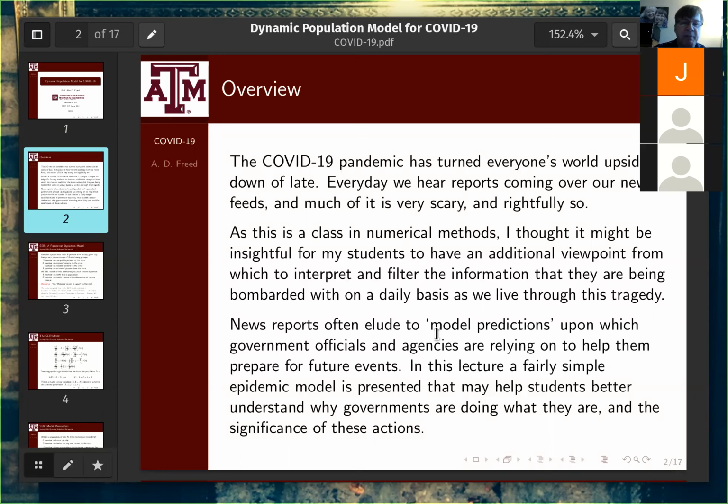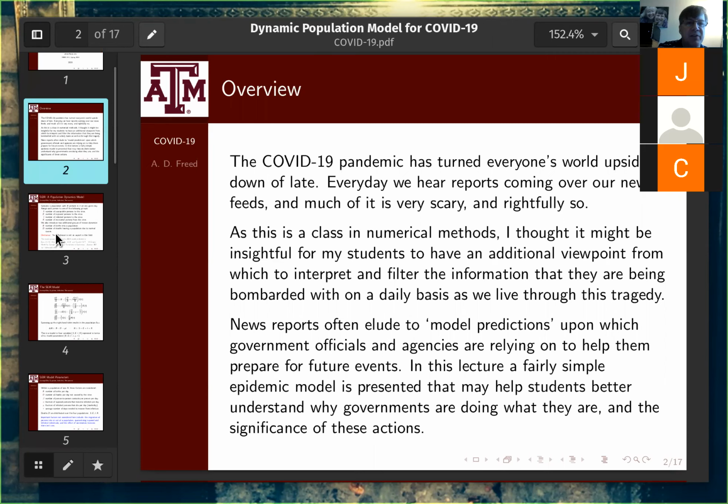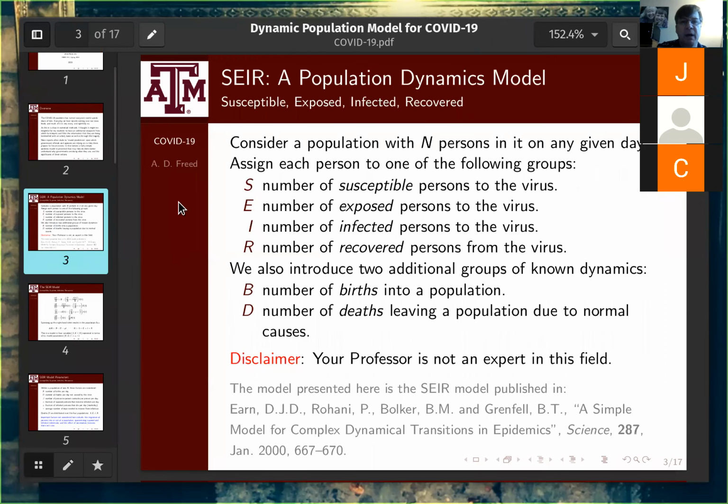This stemmed from last week and the week before, when they kept talking about model predictions, and those model predictions were what the government officials were using to argue that they needed to do the things they were doing. So I thought maybe if I could find a nice simple model for an epidemic in the literature, I could code it up and we could play with it, and maybe understand a little better why our government agencies are saying the things that they're saying. So that's the motivation behind this.